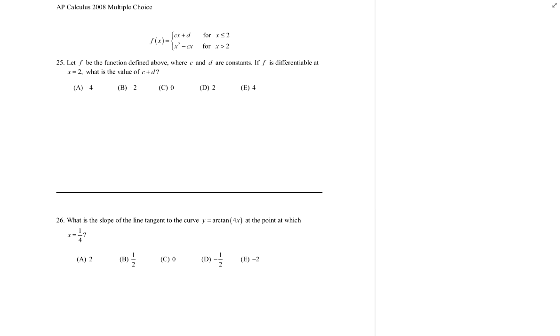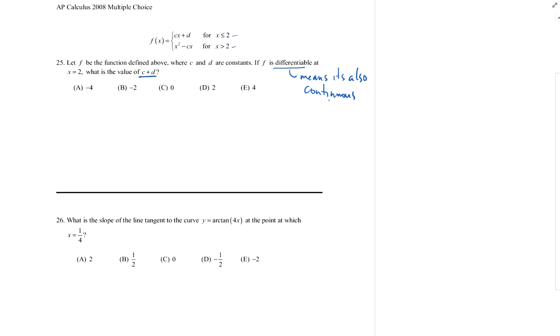Okay, f is defined above, c and d are constants, f is differentiable at x equals 2, which is right here. What's c plus d? Well, chances are I'll need to figure out what c and d are and just add them together. One thing to always keep in the back of your mind: if it's differentiable, that means it's also continuous.